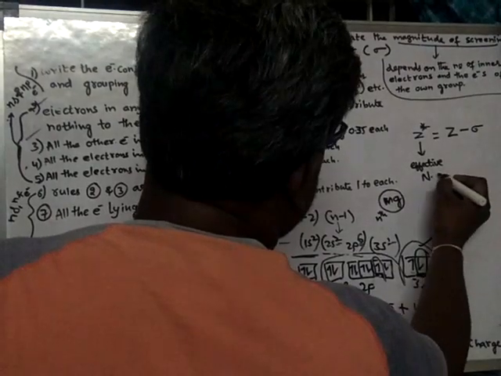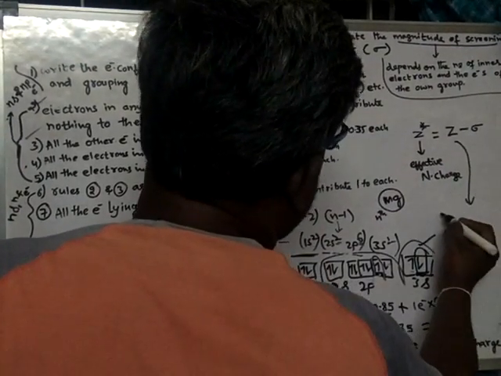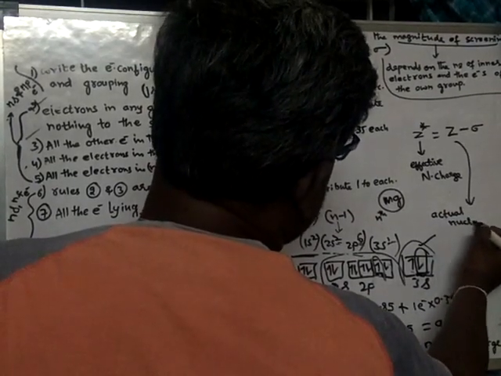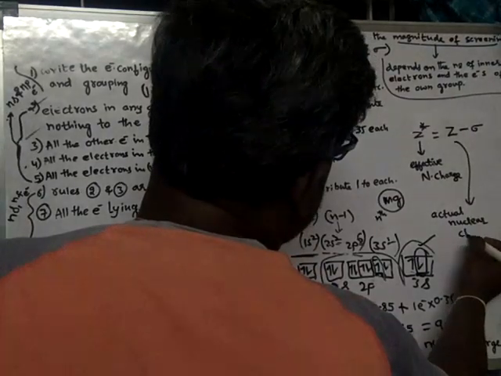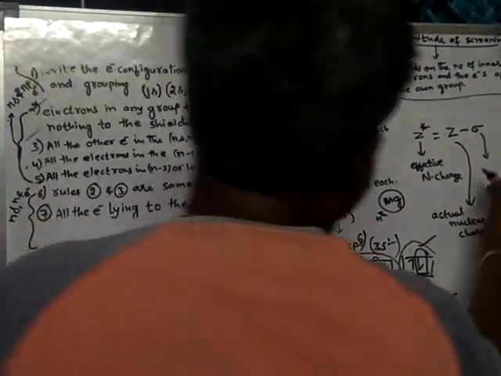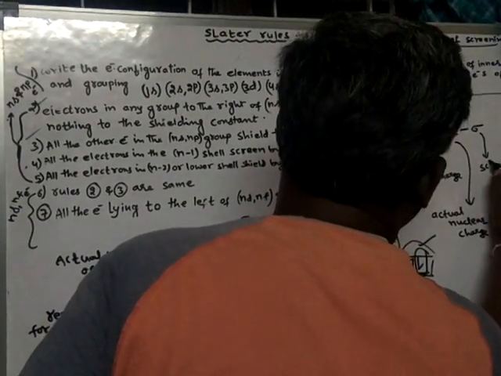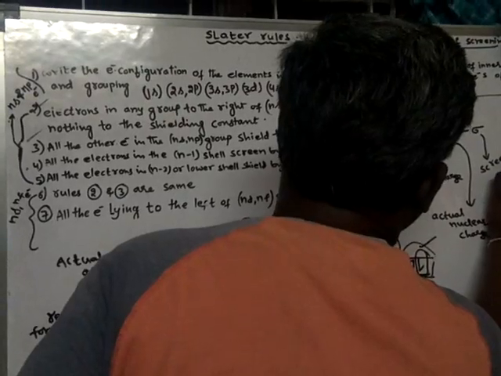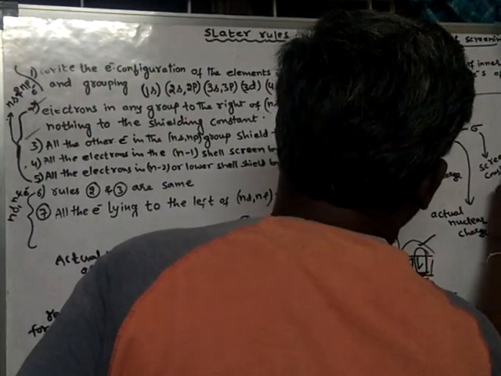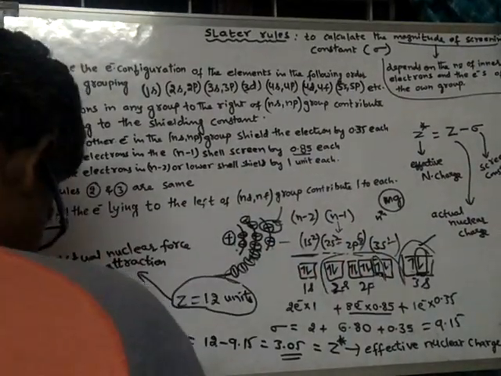And what is sigma? Sigma is called the screening constant.